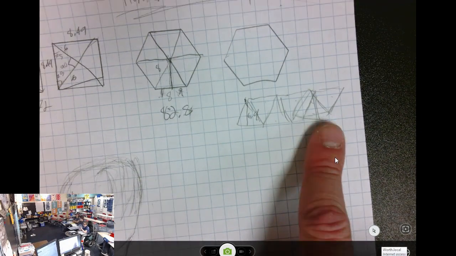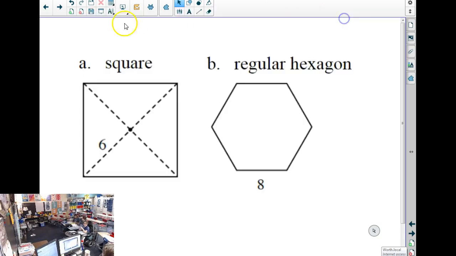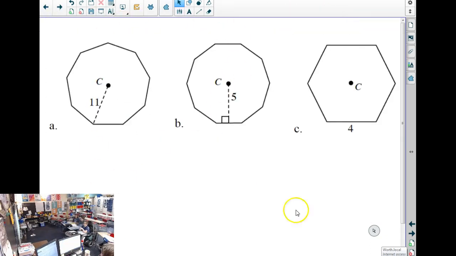And of course, to find the area of a parallelogram, it is base times height, just like a rectangle. So now your challenge becomes, with this problem, they each give you a different part of the polygon.